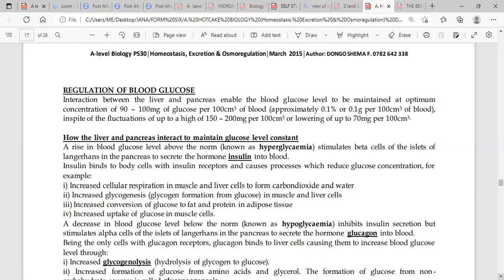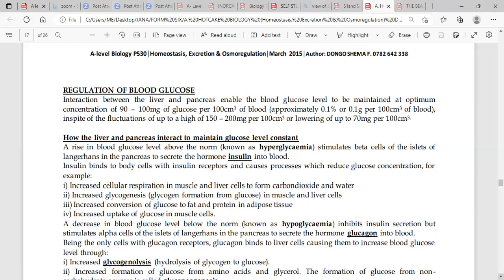So this restores the glucose levels back to norm. All these four ways are reducing the glucose from the high levels back to low normal levels. Now, if there is a sudden decrease in blood glucose level below the norm, a condition known as hypoglycemia, that means hypo means there is much water present and the glucose is little.